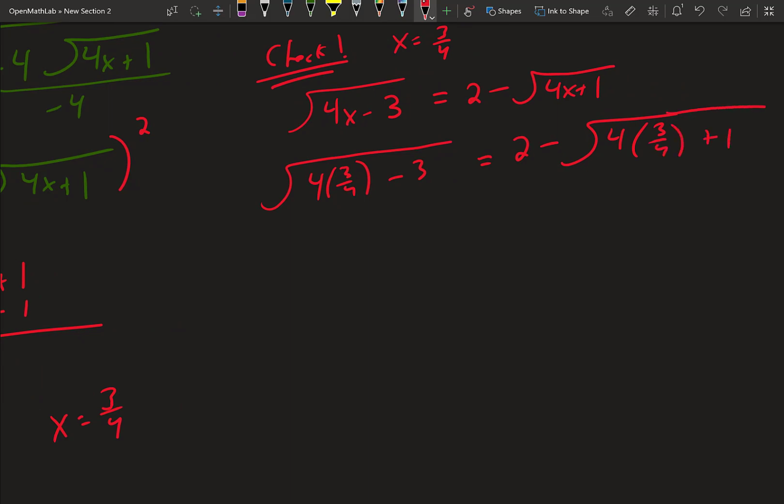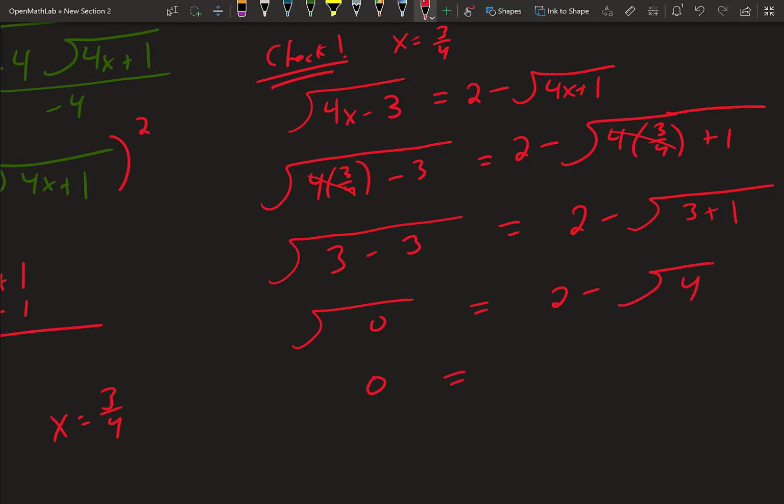So when I take 4 times 3/4, I get just 3, right? Because those 4s basically cancel each other out. So this becomes the square root of 3 minus 3 equals 2 minus the square root of 3 plus 1. So this would be the square root of 0 equals 2 minus the square root of 4.